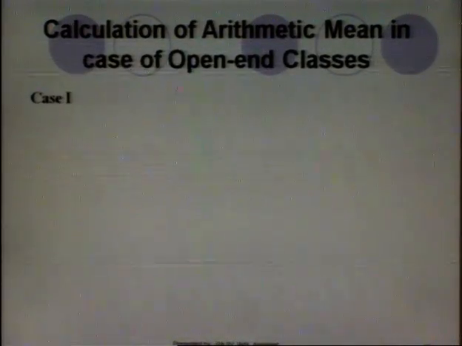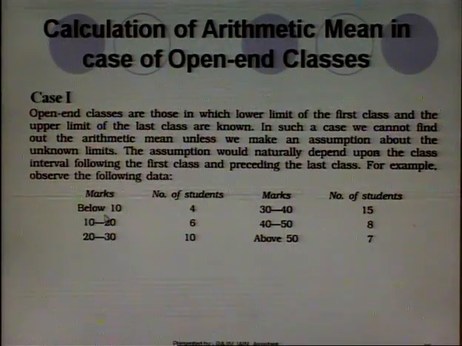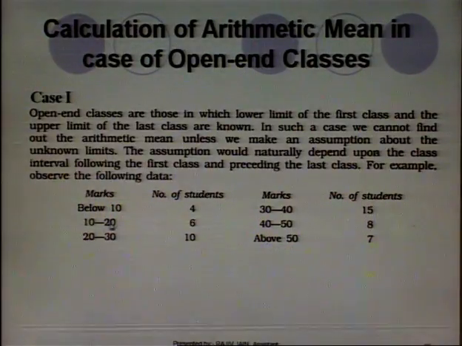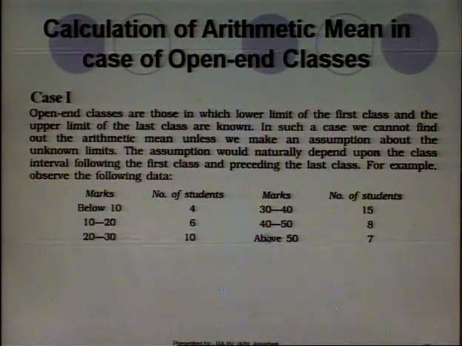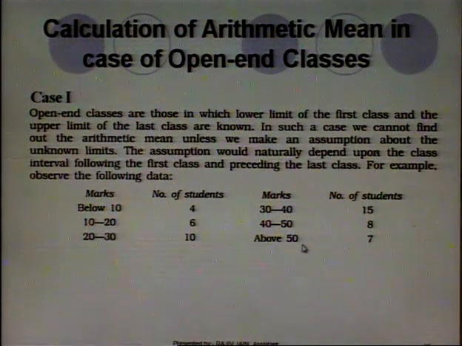Now there is one more example, calculation of the arithmetic mean in case of open ended classes. Open ended classes are there when the ends are open. In the previous case we had classes like 0 to 10. Now the question may be given as below 10, and here it may be above 50, above 60, or 50 to 60, 50 to 70, 50 to 80, anything can be there.